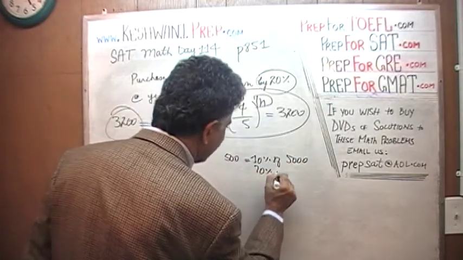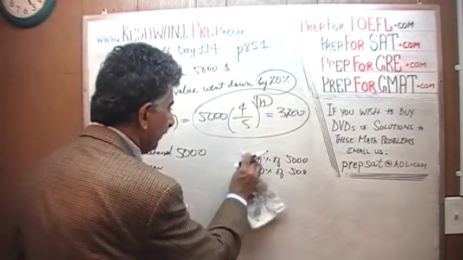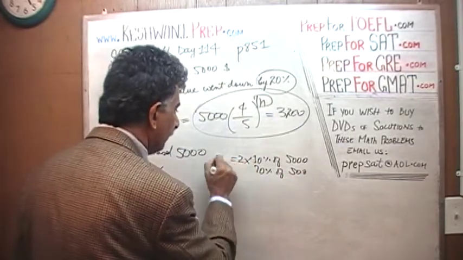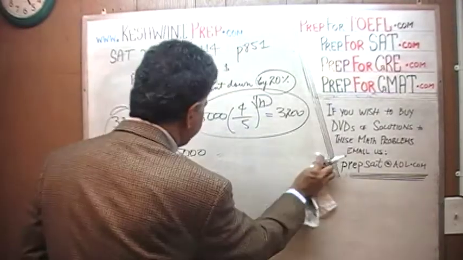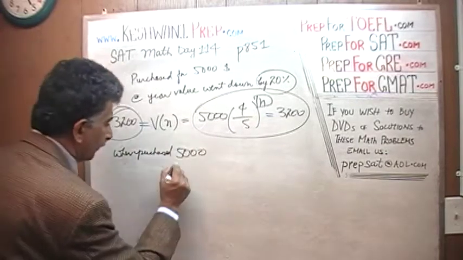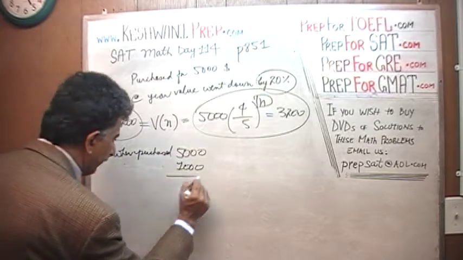Therefore, 20% of 5,000 is going to be twice as much. 20% is 1,000. So it's going to drop by $1,000 in the first year.